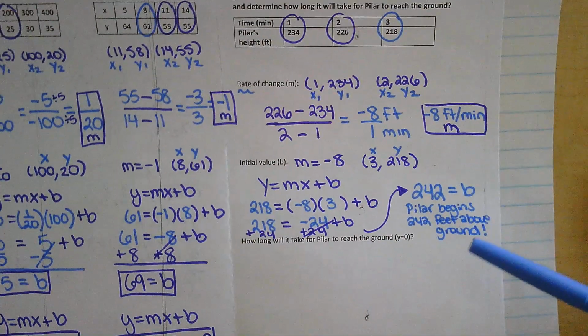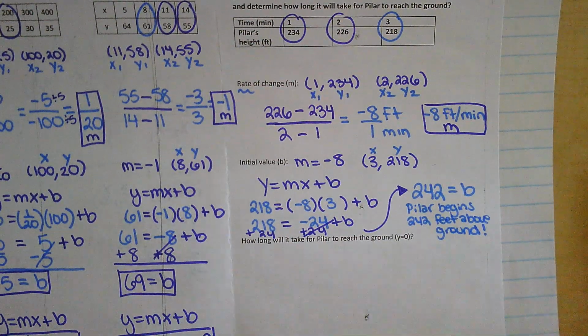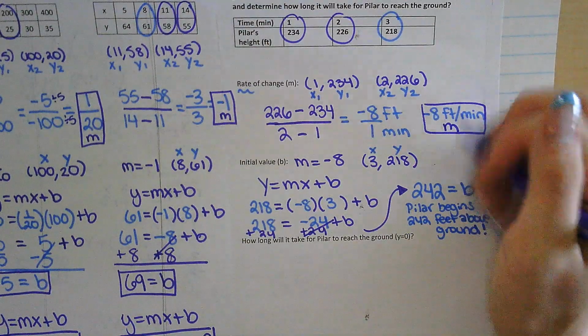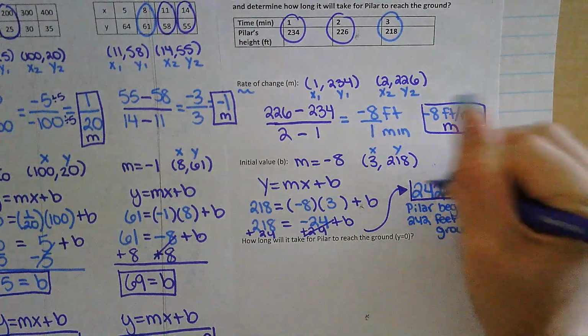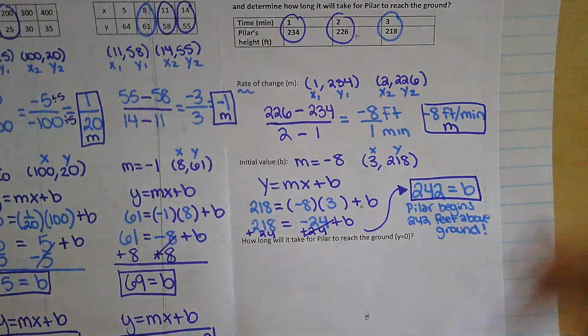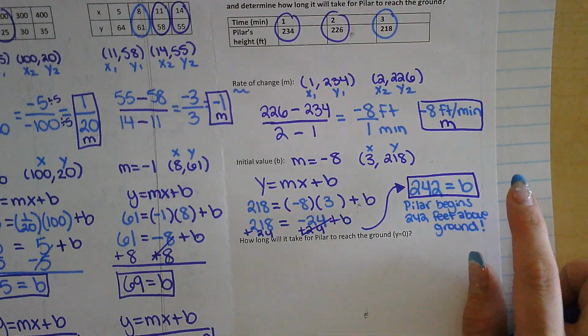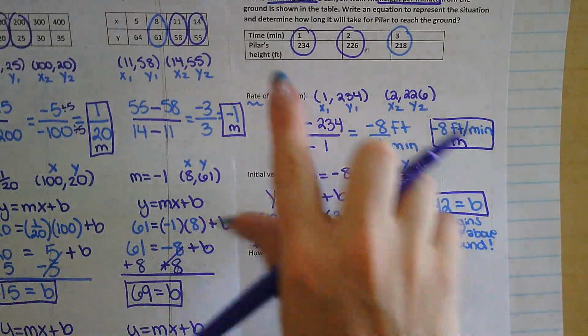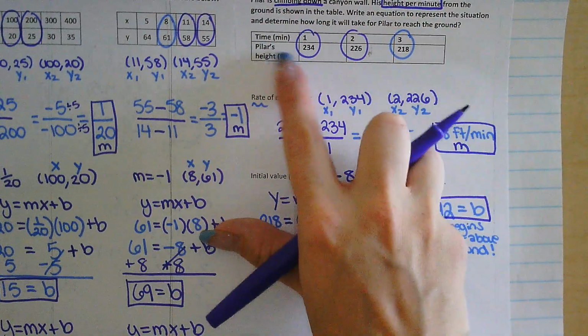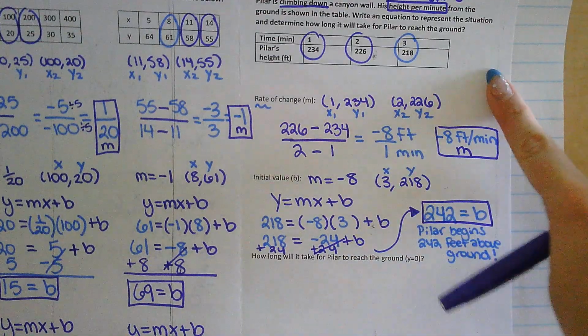And our last question is going to have us use our equation that we can create with these values to answer how long it will take Pilar to reach the ground. So remember, our height off the ground are our y values.